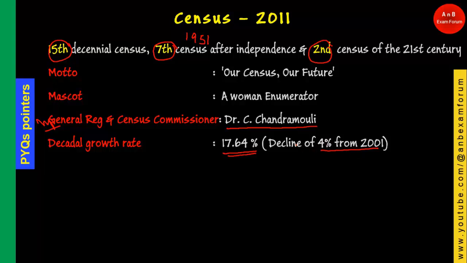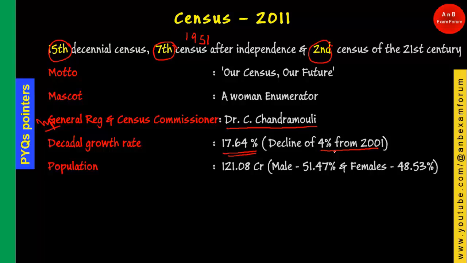This is very important. The decadal growth rate is 17.64%, meaning during those 10 years our population increased by 17.64%, but compared with 2001, it is a 4% decrease.